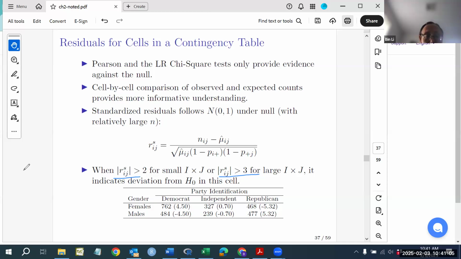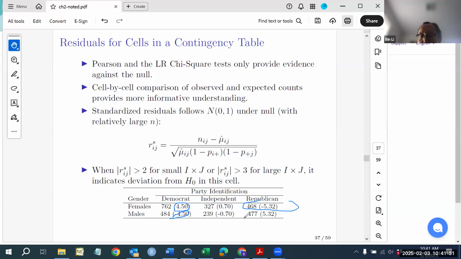And in our case, you can see the standardized residual for the female Democratic is 4.5. Obviously, that's beyond the threshold. And you can see for the males, that's this. For the Republican females, males.